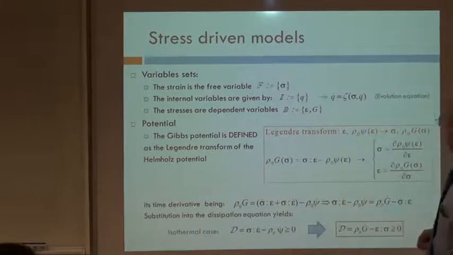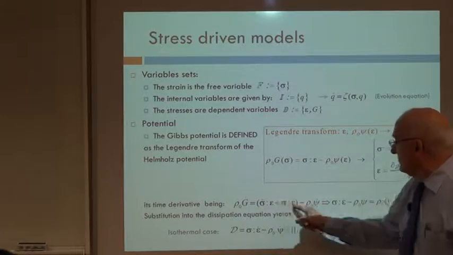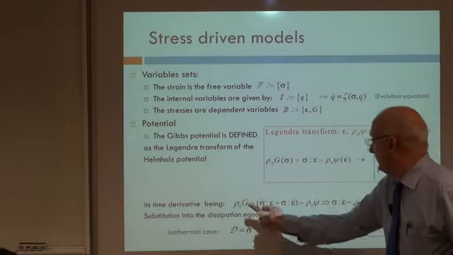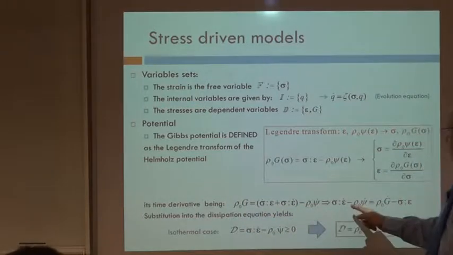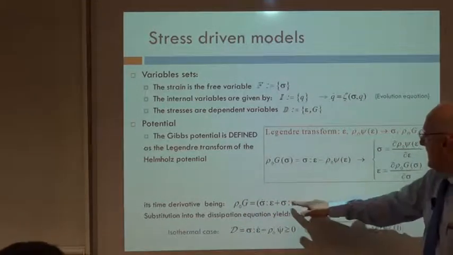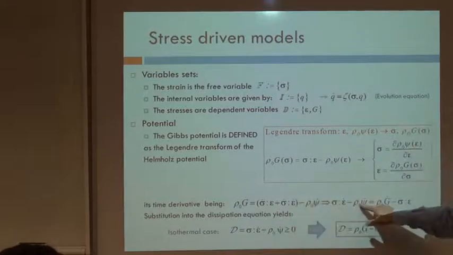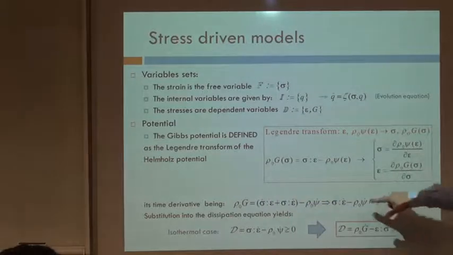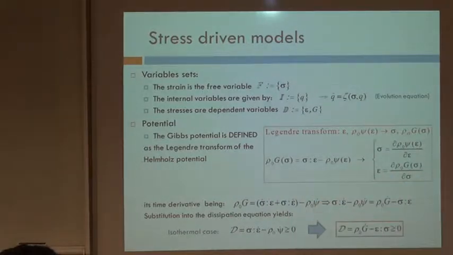And then, from this equation, if I pass that term to the other side, I can obtain that sigma epsilon dot minus rho 0 phi dot is equal to that term minus this term here. So this comes out directly from this differentiation.